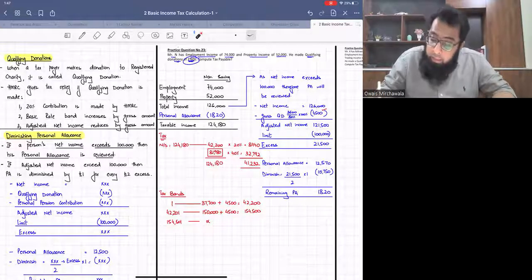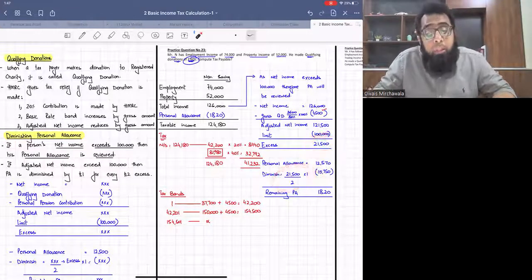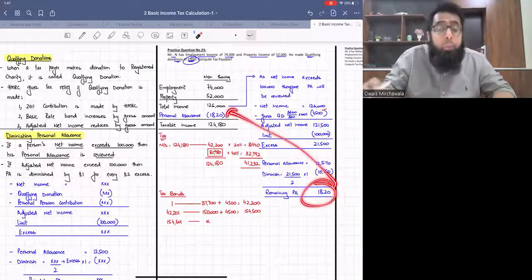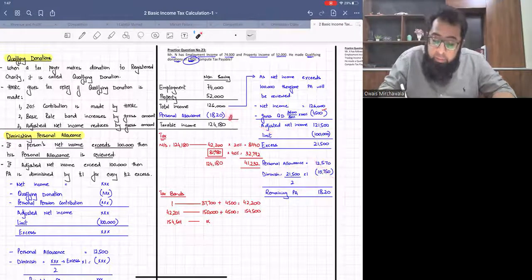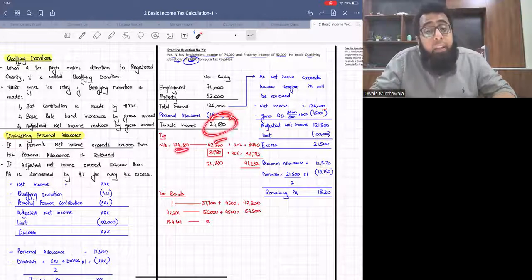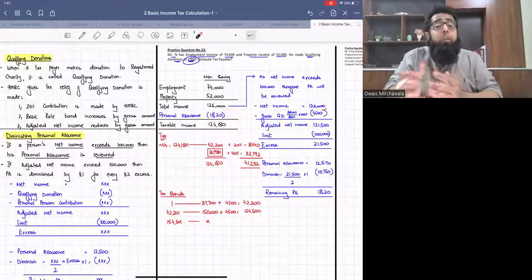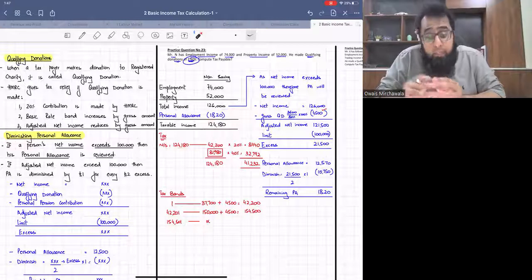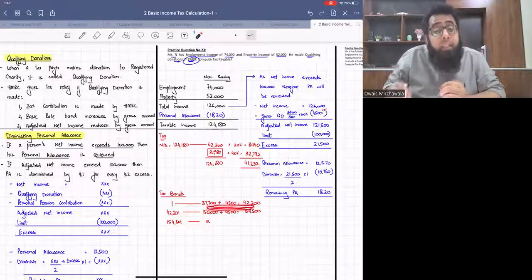Now the personal allowance is 12,570. For every 2 of excess, the allowance diminishes by 1. The remaining personal allowance is 1,820, which is used here. We arrive at the value of taxable income and then we have to apply tax, but we will use the revised basic rate band. The basic rate band has got extended.